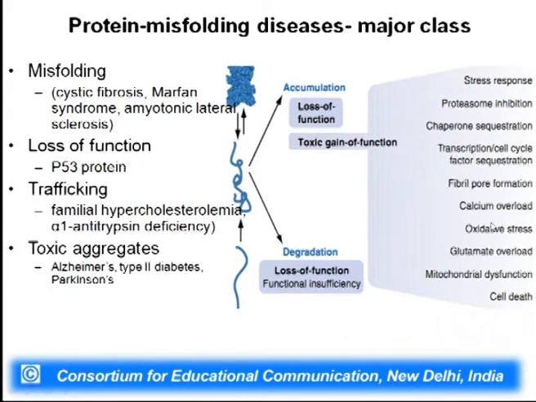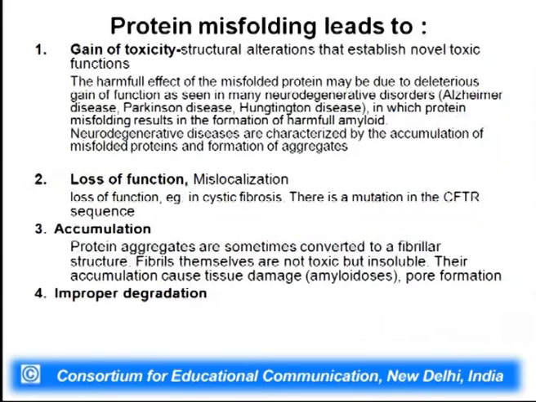There can be excess of calcium that can result in this kind of aggregates. Oxidative stress, glutamate overload, as in the case of Huntington we have seen polyQ, we will see also, and mitochondrial dysfunction due to loss of function because there was improper trafficking of the protein.